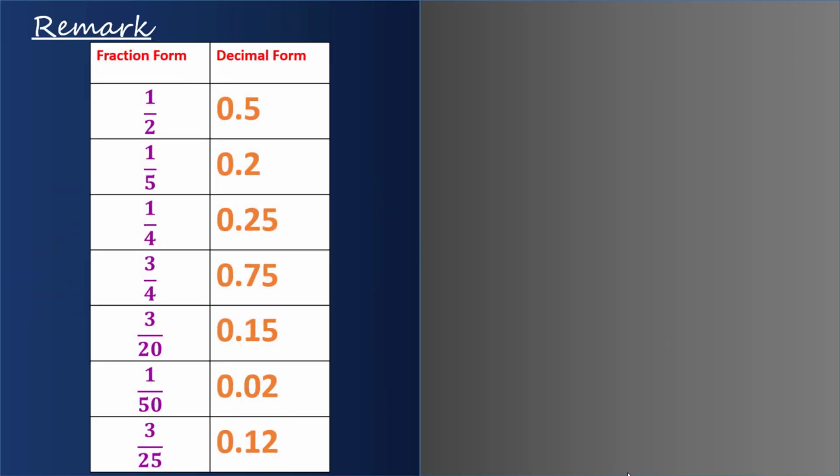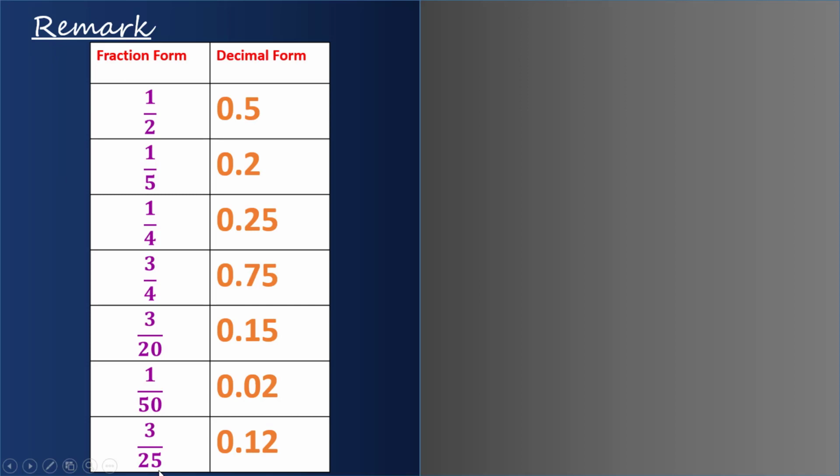Remark: we have here two tables, fraction form and decimal form. If they ask you, you can find it mentally, directly. You must know that 1/2 equals 0.5. 1 over 5 equals 0.2, multiplying by 2, by the way, and the first one multiplying by 5. 1 over 4, we studied before, multiplying by 25, it will be 0.25. 3 over 4 also, it will be 0.75. 3 over 20 multiplying by 5, it will be 0.15. 1 over 50 multiplying by 2, it will be 0.02.